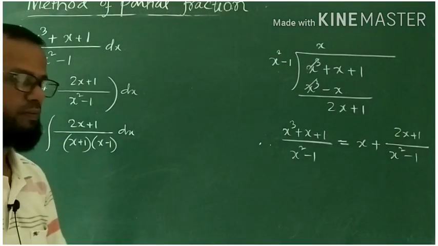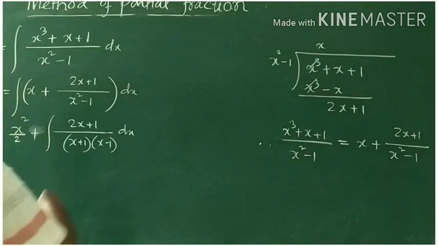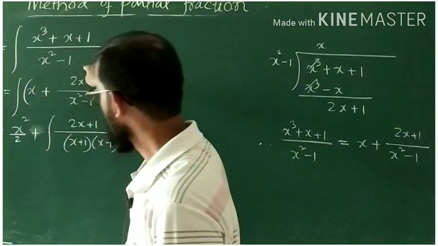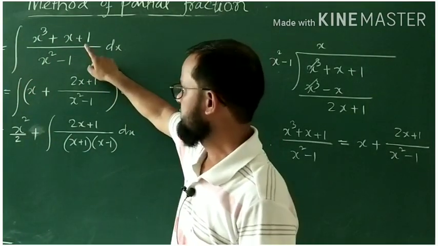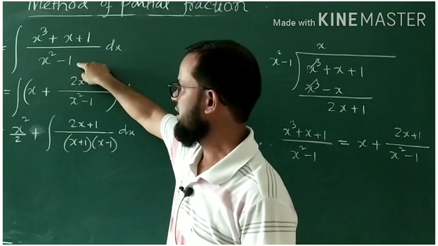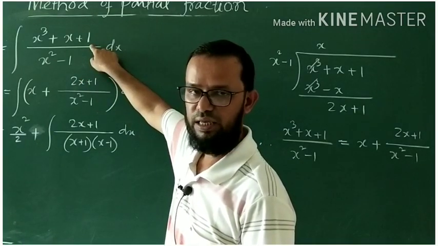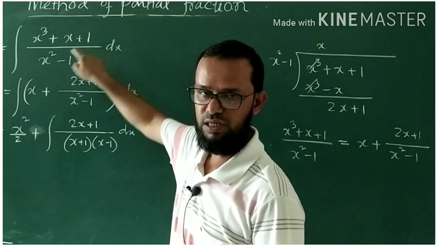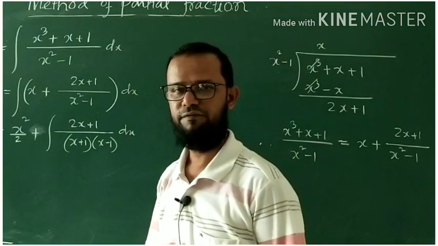To solve an improper rational polynomial function, what we have to do is divide numerator by denominator first and try to convert into a proper rational polynomial function and then resolve into partial fraction.